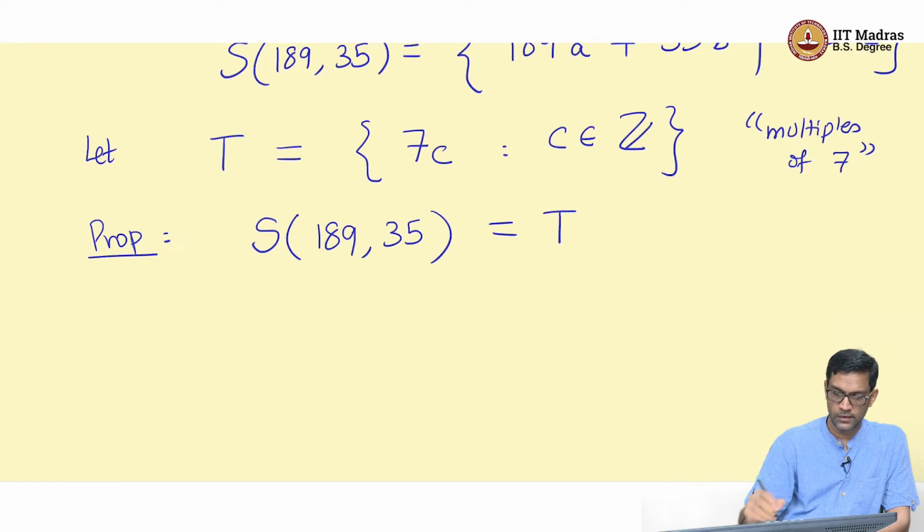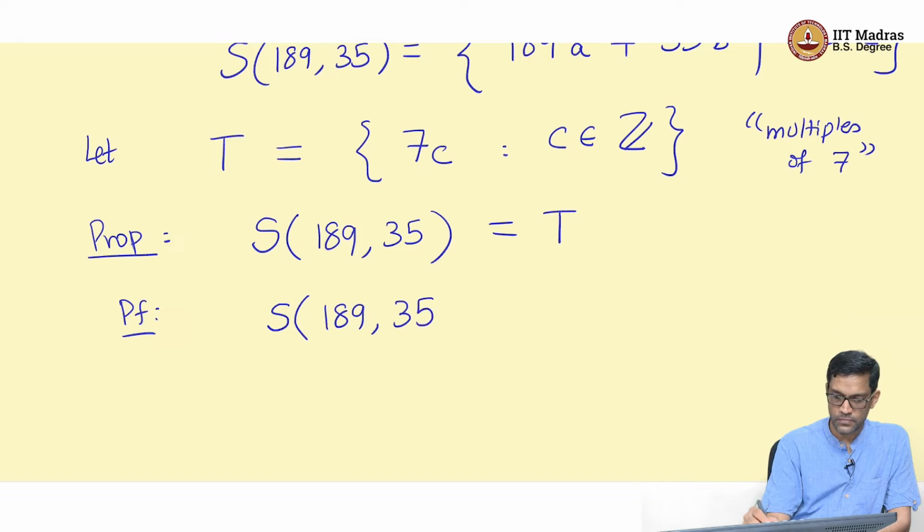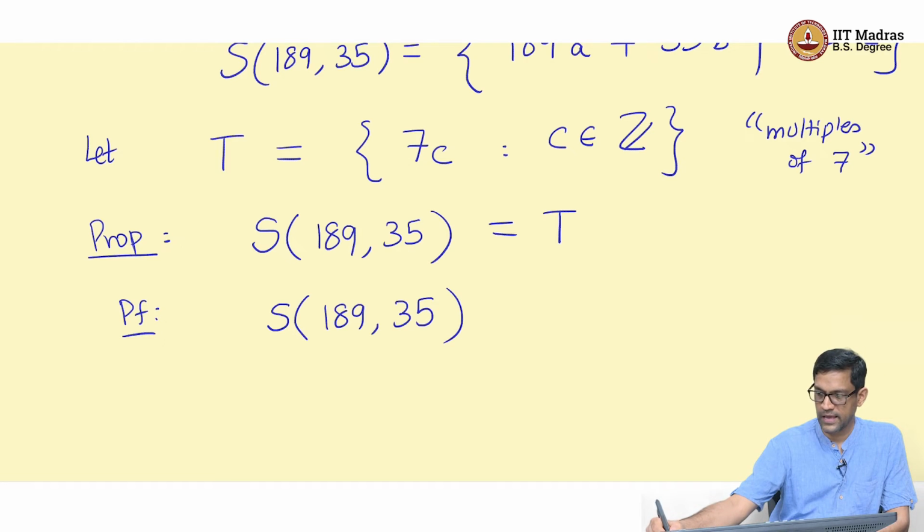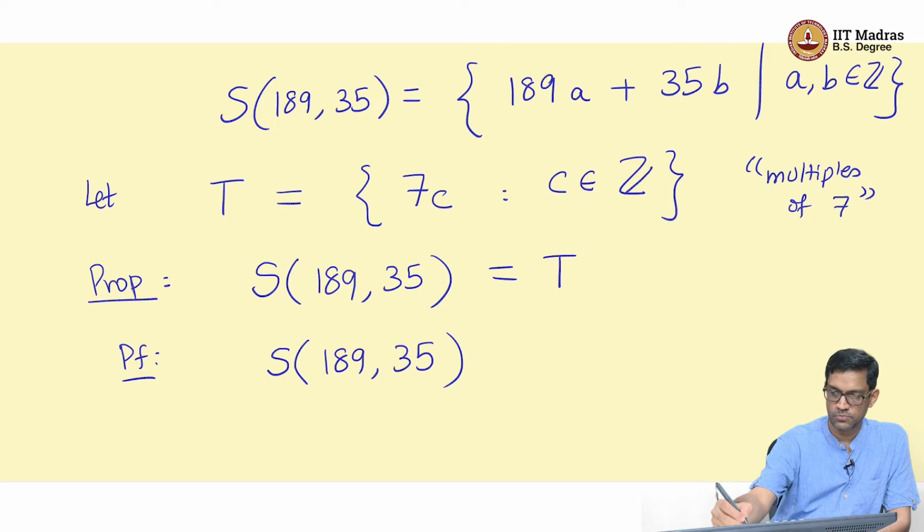And the proof, if you remember, is straightforward. On the one hand, we know that anything which is a linear combination of 189 and 35, any number of the form 189A plus 35B, since 189 is divisible by 7 and 35 is divisible by 7, so is 189A plus 35B.